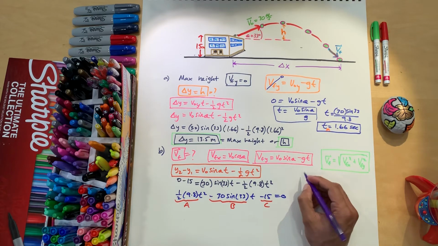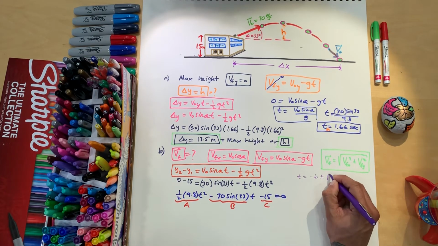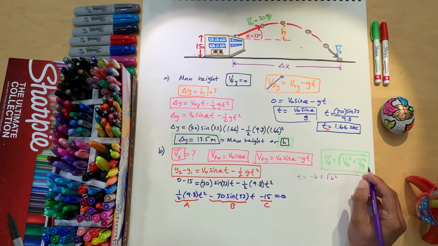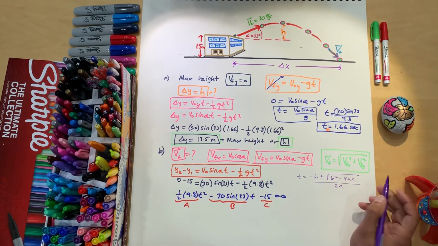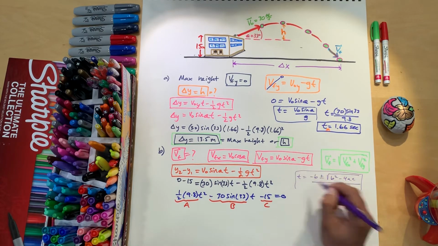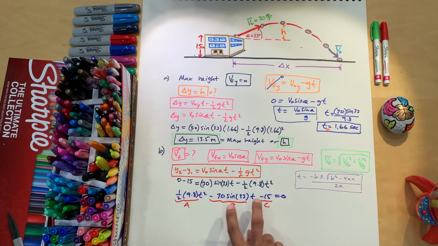So t is equal to negative b plus or minus square root of b squared minus 4ac, all over 2a.